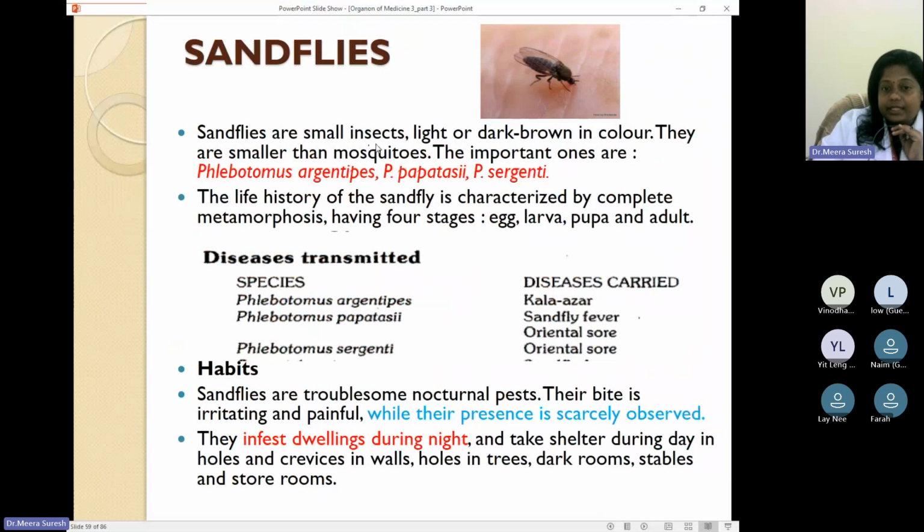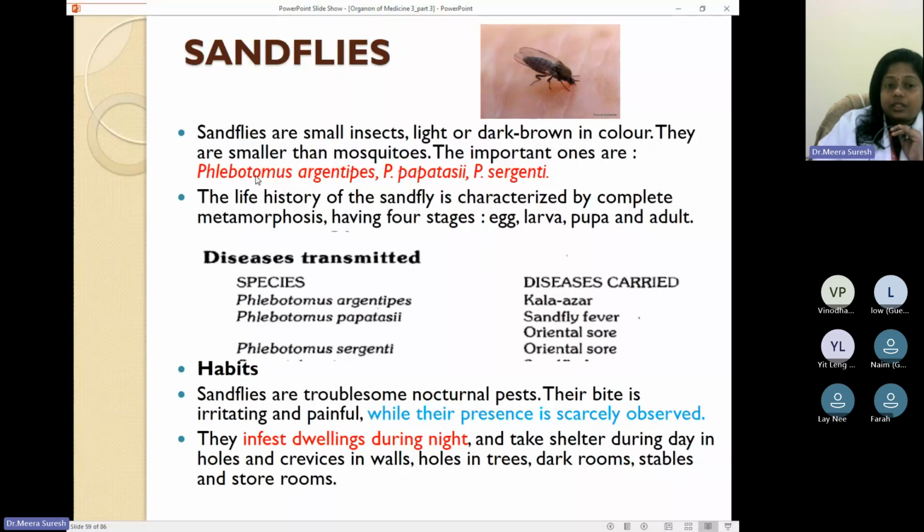The sandflies are small insects, light or dark brown in color, smaller than mosquitoes, and the most important ones are Phlebotomus argentipus, Phlebotomus papatasi, and Phlebotomus sergenti. I don't want you to remember this by heart, but at least remember the other name of the sandflies, that is Phlebotomus. The other name is the scientific name.